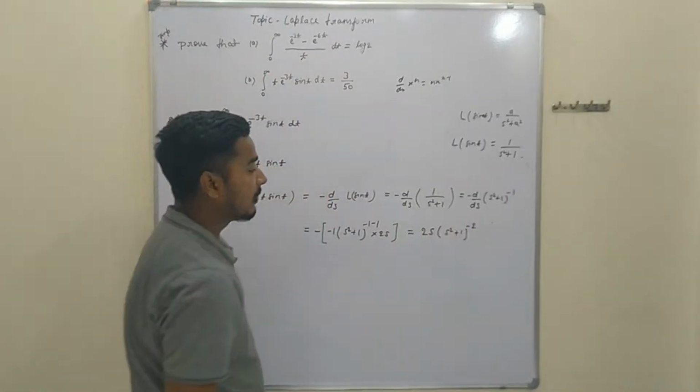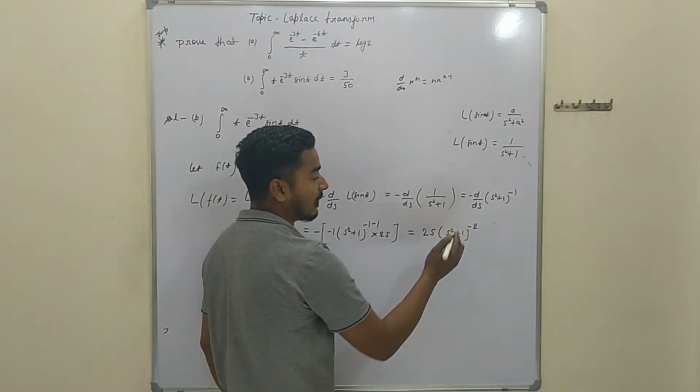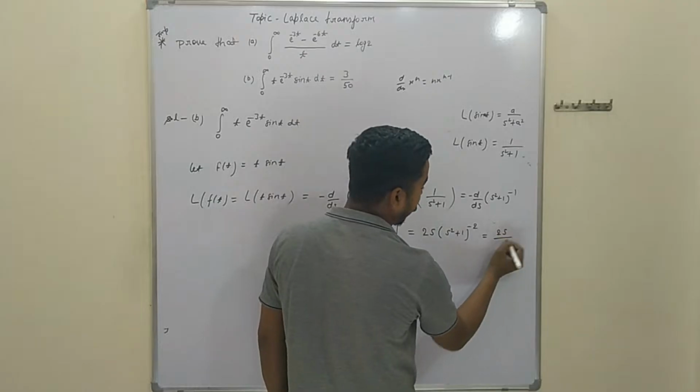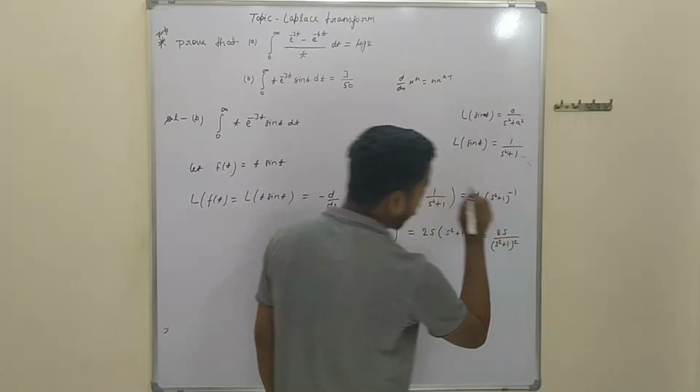We can also write s square plus 1 to the minus 2 in the denominator, this gives 2s upon s square plus 1 whole square.